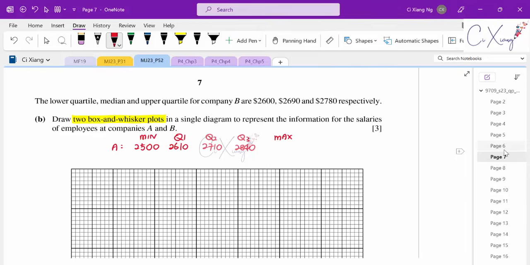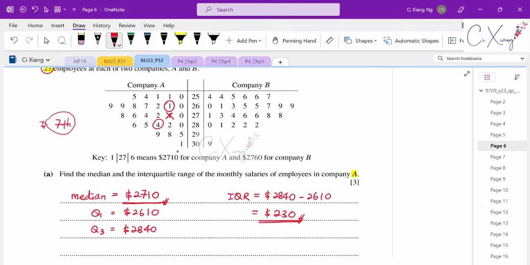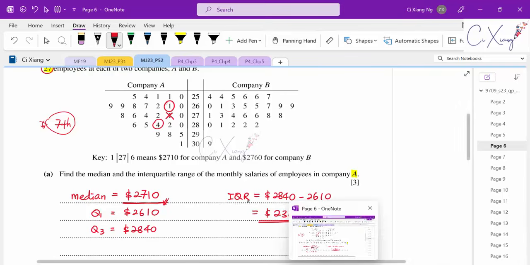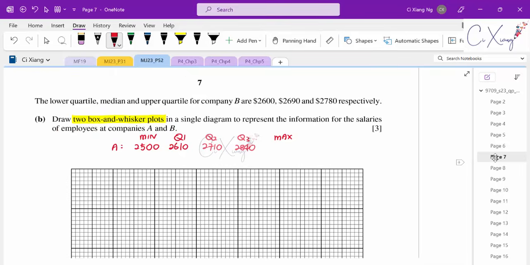And what's the maximum salary for company A? The maximum salary is 3010.